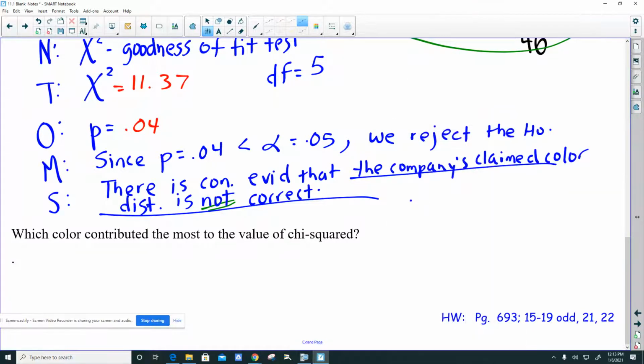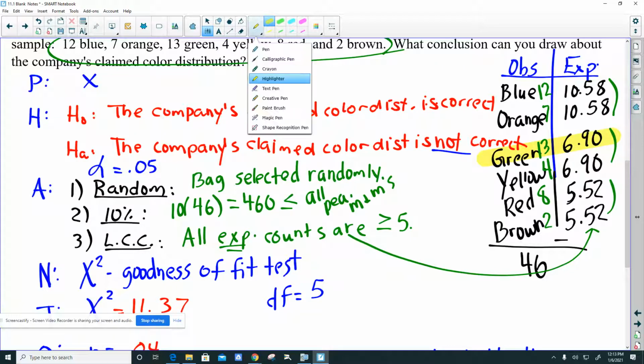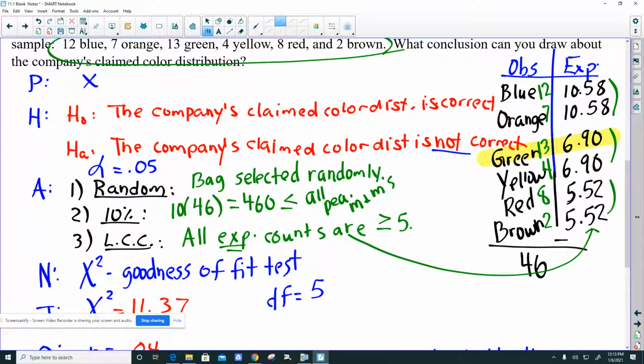As I look at the third value down, that is referring to the color green. So green contributed the most, and then I want to say how many more were observed than what was expected, or how many less were observed than expected. I'm going to write it down at the bottom of the paper here so I don't have to scroll.